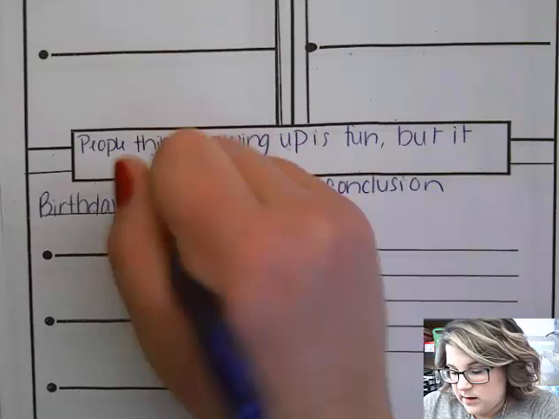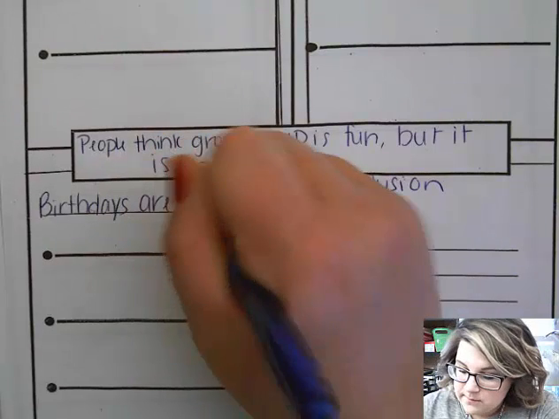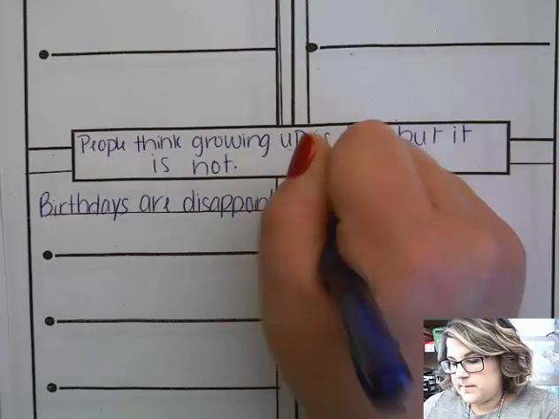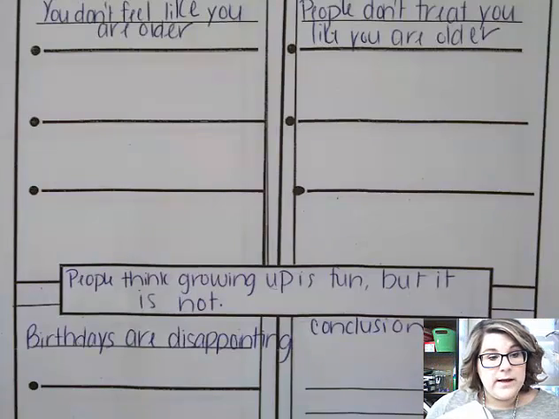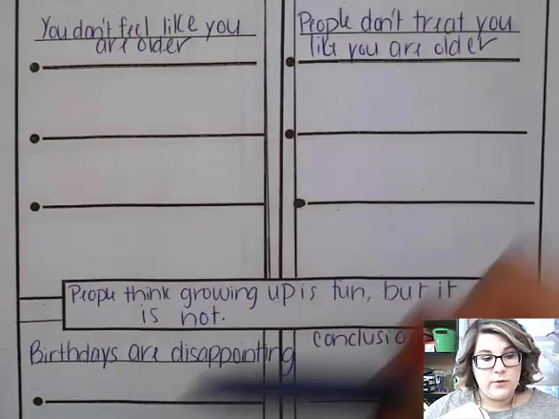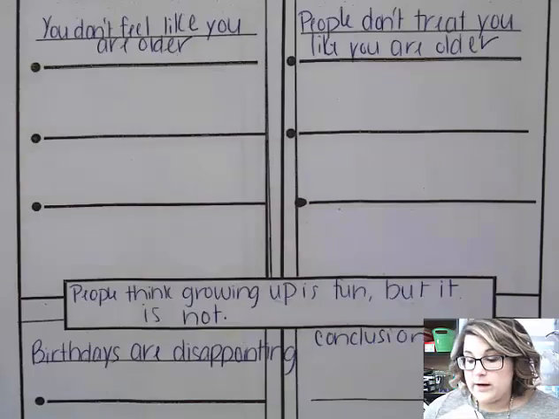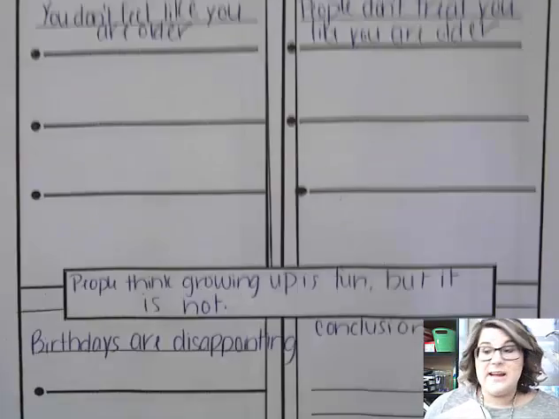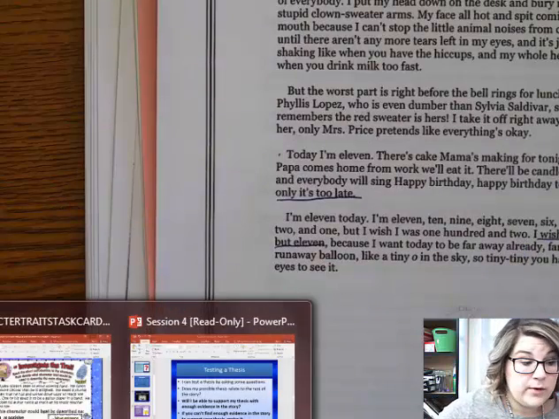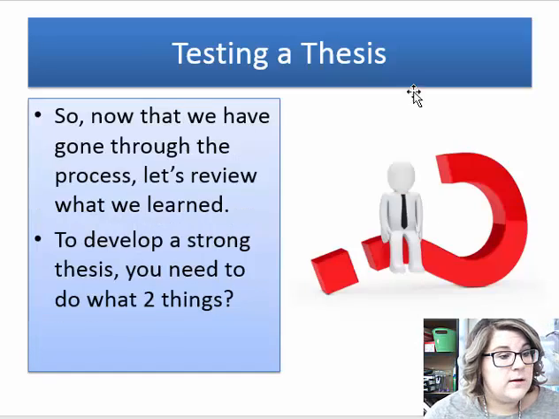So birthdays are disappointing. So looking at this, I was able to come up with one sentence and 1, 2, 3 ideas that are going to support it. So yes, this is a strong enough thesis because I will be able to elaborate on all of those details I just chose.